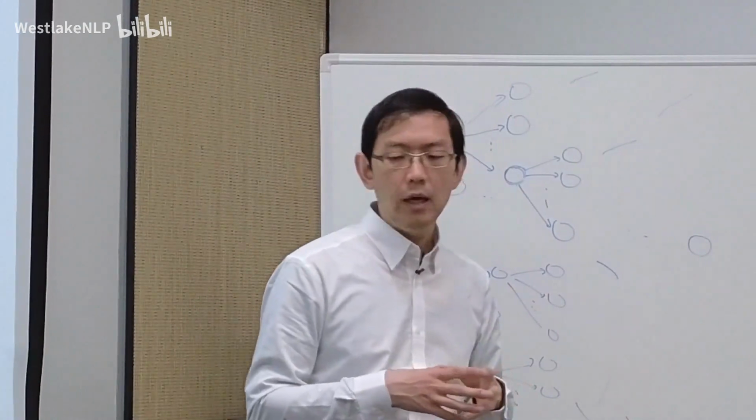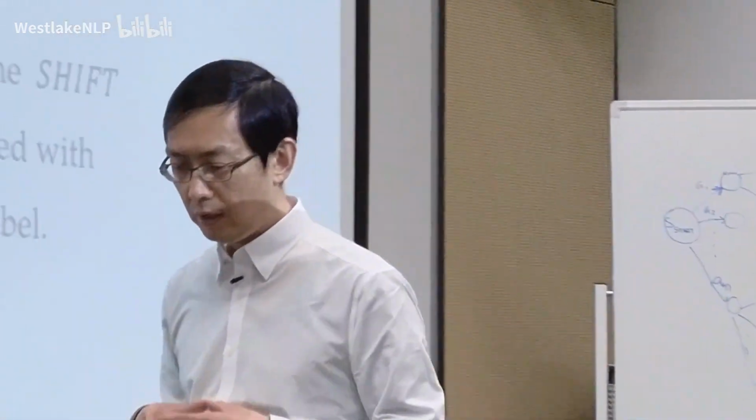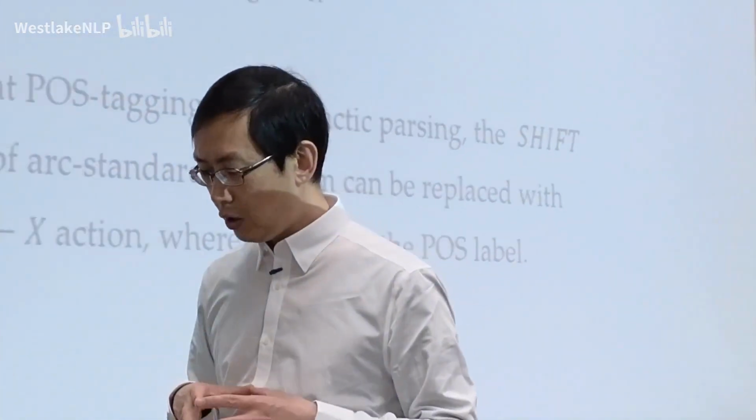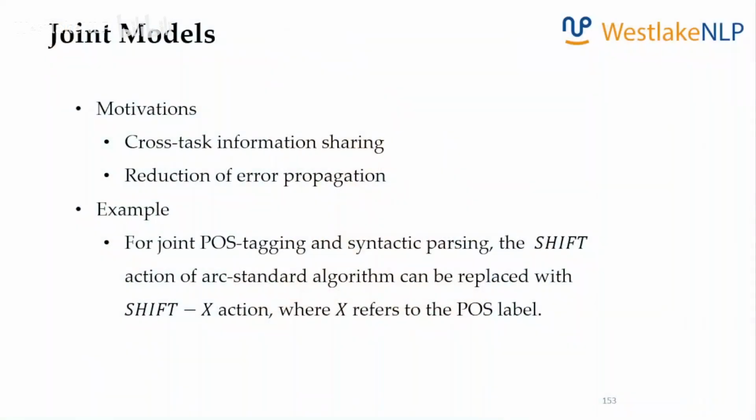Because of this, you can handle any complex structures. And here I use joint models as an example. What is a joint model? A joint model uses one model to solve a pipeline of tasks.